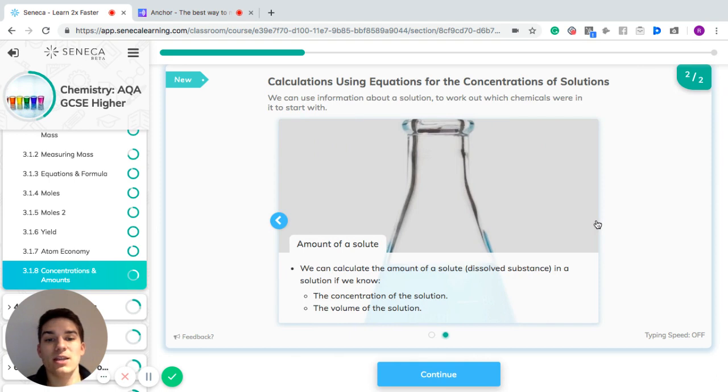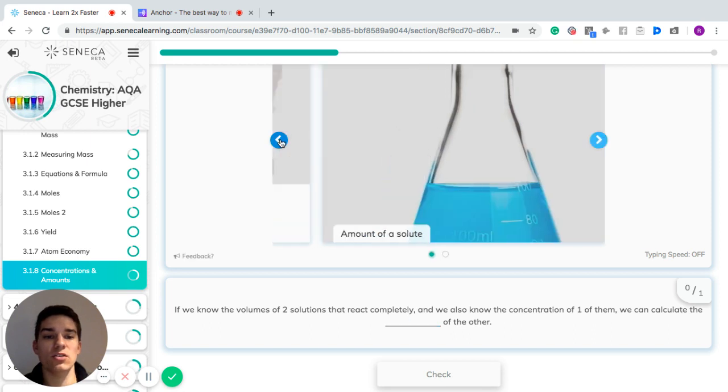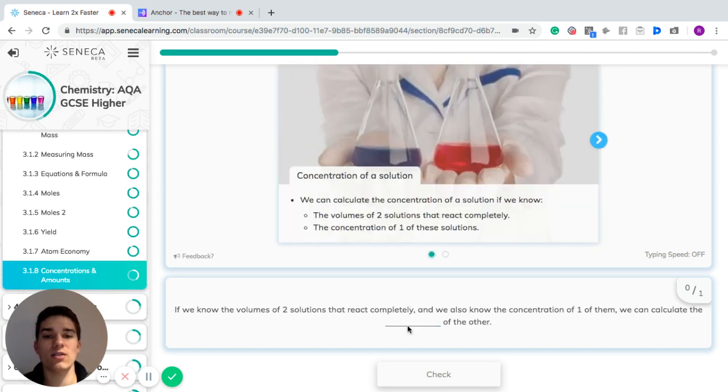And we can calculate the amount of solute, so that's the stuff that's dissolved in a solution, if we know both the concentration of the solution and the volume of the solution. So to recap that, if we know the volume of two solutions that react completely and we know the concentration of one of them, then we can calculate the concentration of the other.